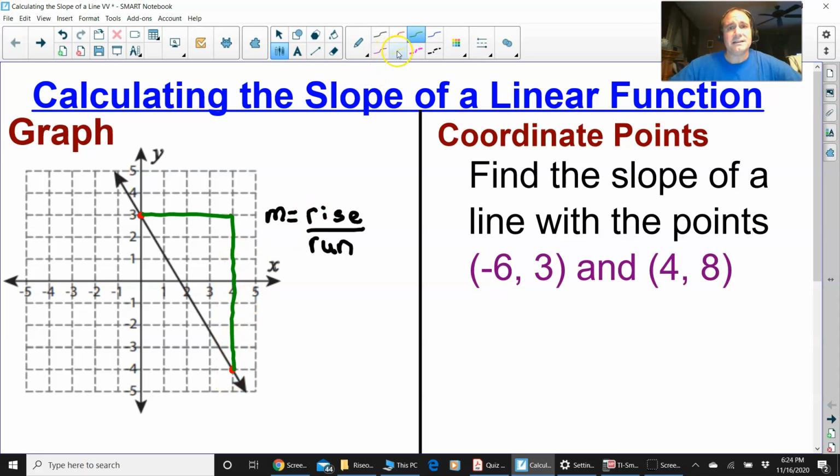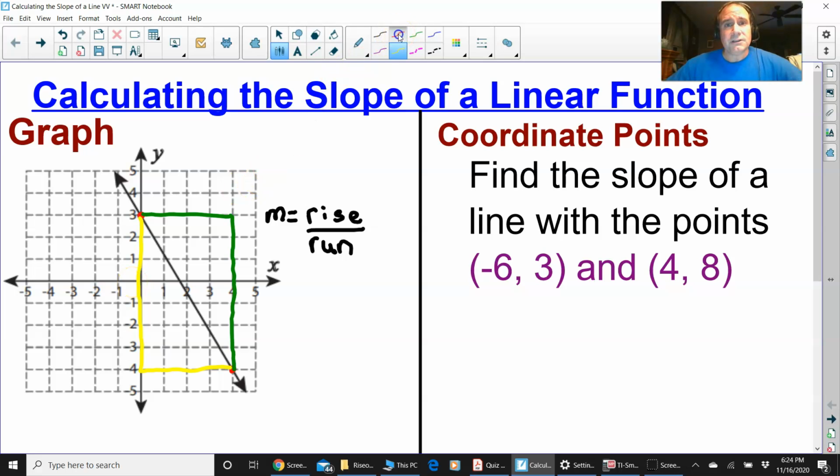If you didn't see it that way, I'll do another way in yellow. I could go down, instead of to the right first, I can go down and then to the right. Either way, you would be okay, and you're going to get the same answer.